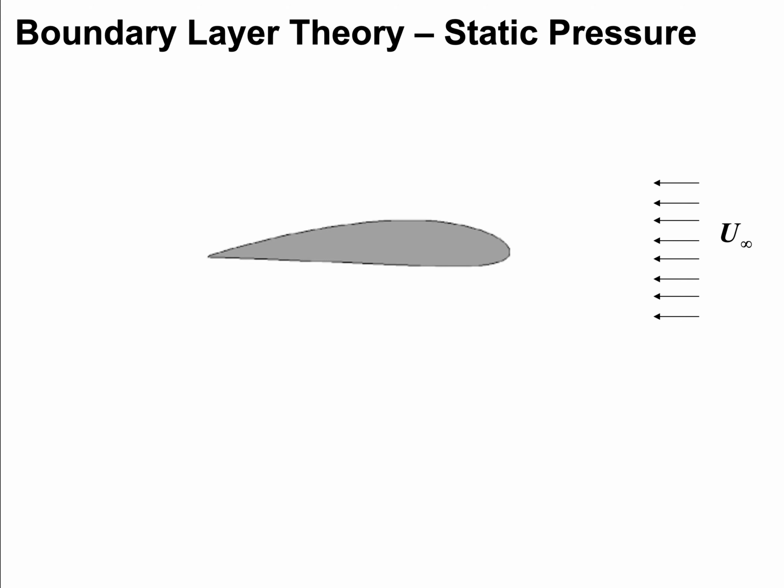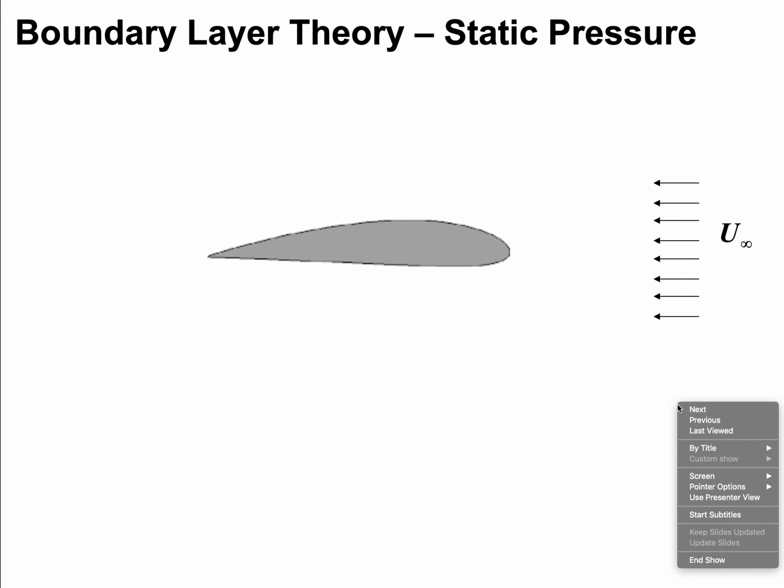So let's look at this airfoil, and it sees the air. So that's our airfoil. It sees the air coming in undisturbed at a velocity u infinity, far away from the object.